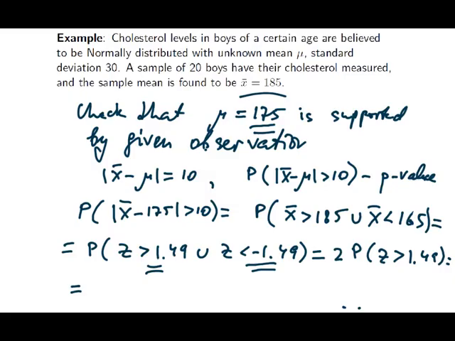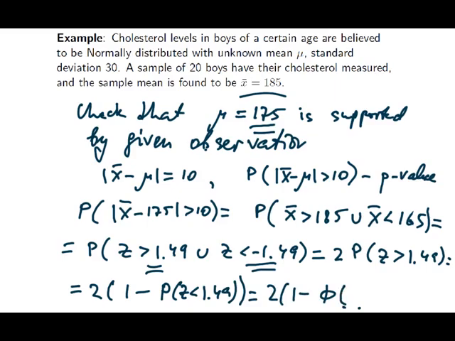And this equals 2 times 1 minus the probability that z is less than 1.49, and this is 2 times 1 minus the value of capital phi, which is found from the table for normal distribution, 0.49, and if you find it, you find this equals 0.13.